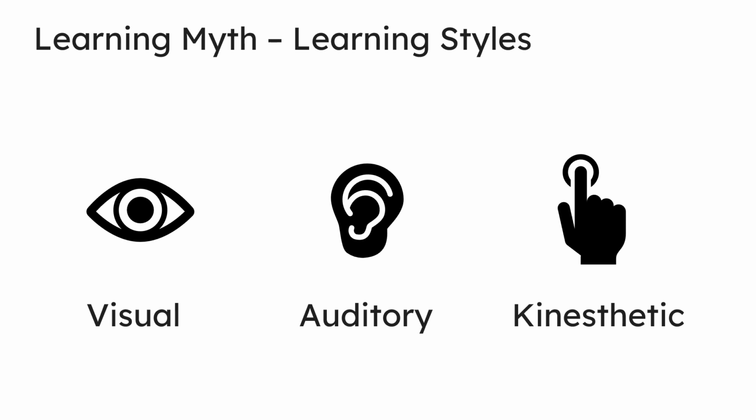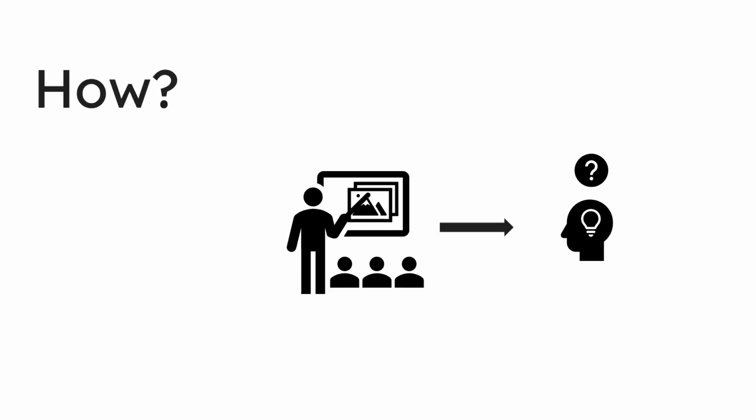And then as an educator, by providing all three pathways, the learner chooses the best path for their learning style. The problem is that this theory is completely a myth, and it's been debunked for many, many years now. So how then do people learn with visuals and words?